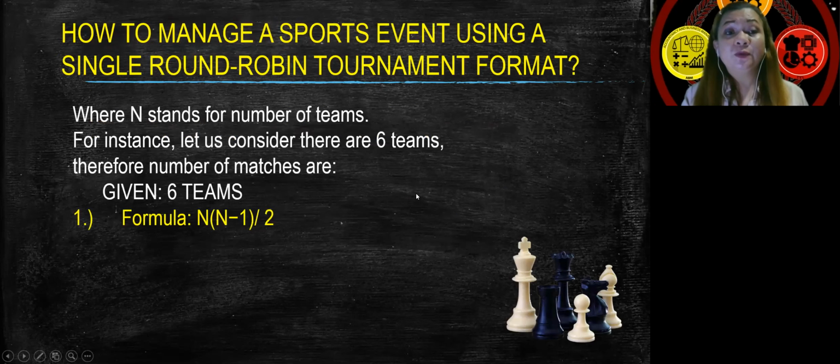Now, let us try to identify how to manage a sport event using a single round robin format. I've already discussed what we mean by single round robin, and now let us try to manage a sport event using this format. Here, N stands for the number of teams.